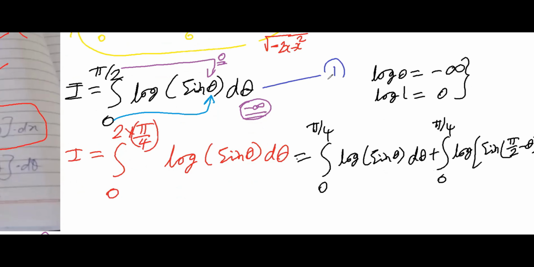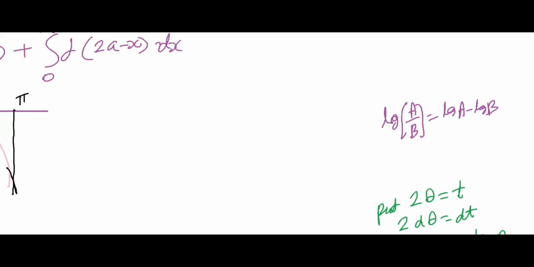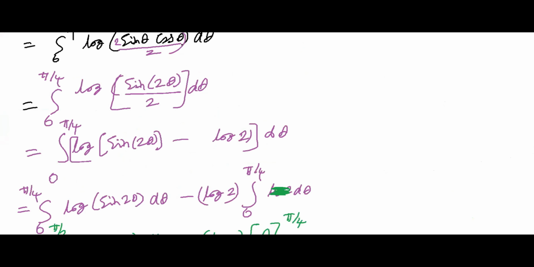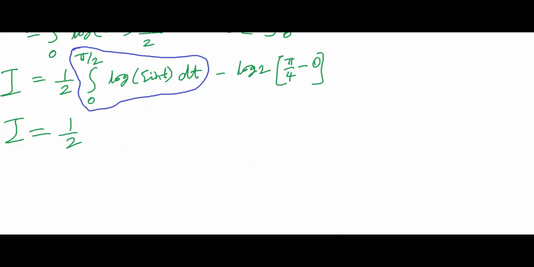This is equation number 1. So I is what? Integration 0 to pi by 2 log of sine t d theta. This is my I. So this I am going to substitute here. This is my I minus log of 2, and then into pi by 4.